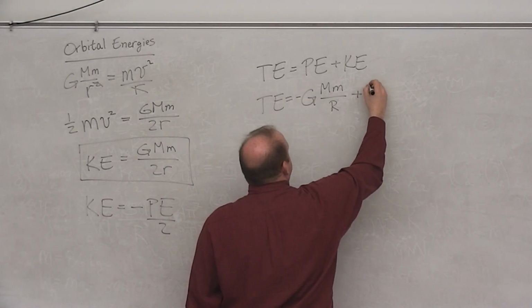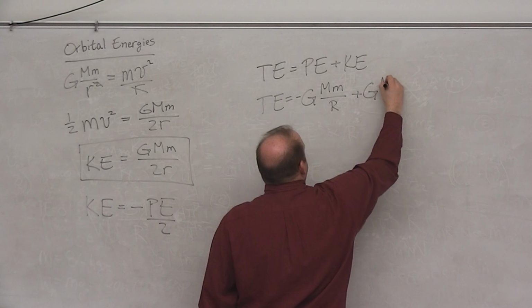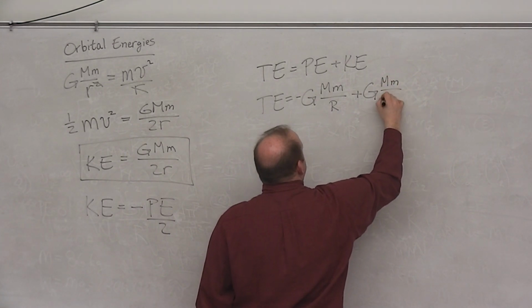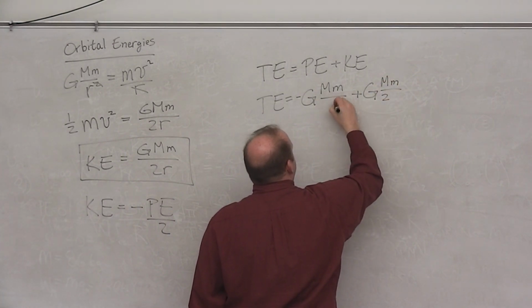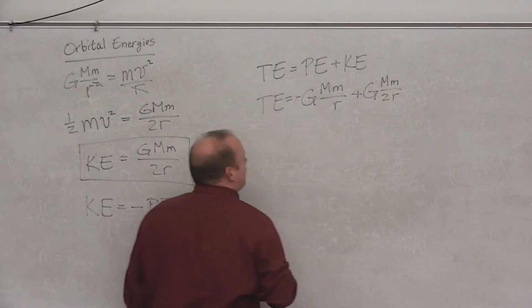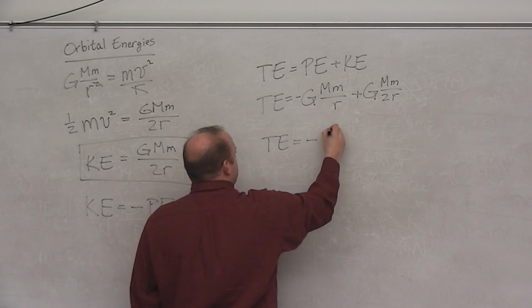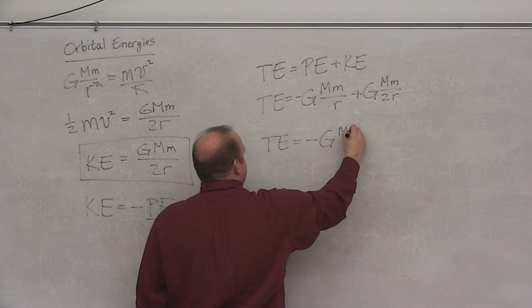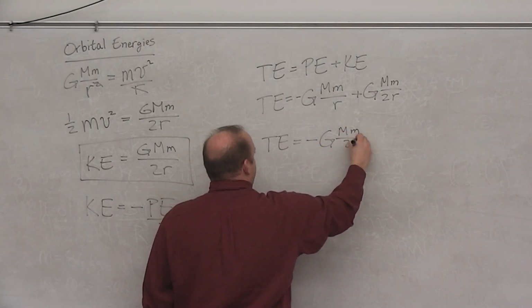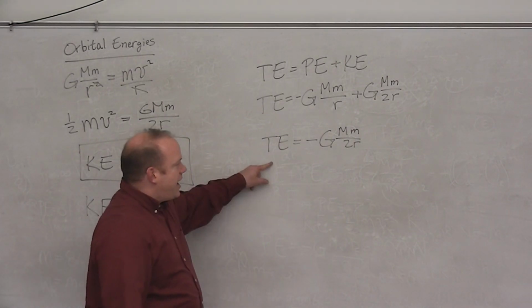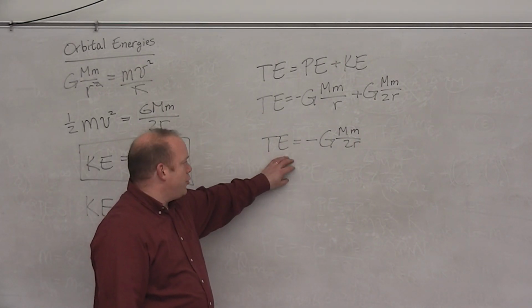Kinetic energy is positive big G, big M, little m, over 2r. So my total energy is equal to negative G, big M, little m, over 2r. This is constant for anything in orbit.